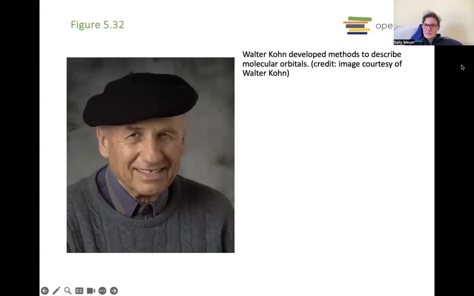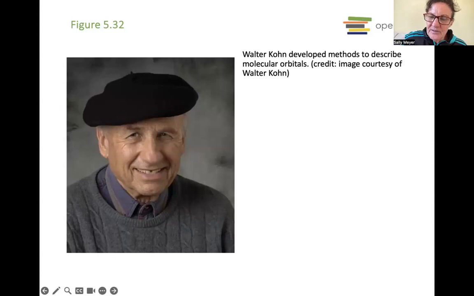So Walter Kohn created something called density functional theory, which is a way to calculate these molecular orbitals. This math is extremely intense, takes tons of computer time. You can't do it exactly, so you have to find approximate ways to do it, which is my area of research.